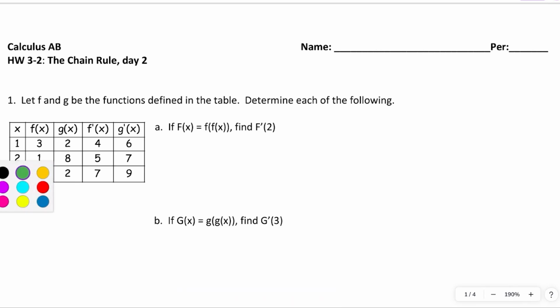So this is a composite function, and so we're going to have to use the chain rule, where the outside function is f of x, and the inside function is actually also f of x.